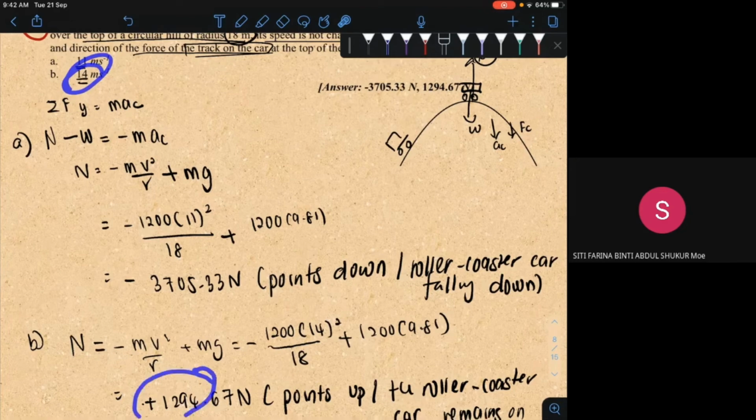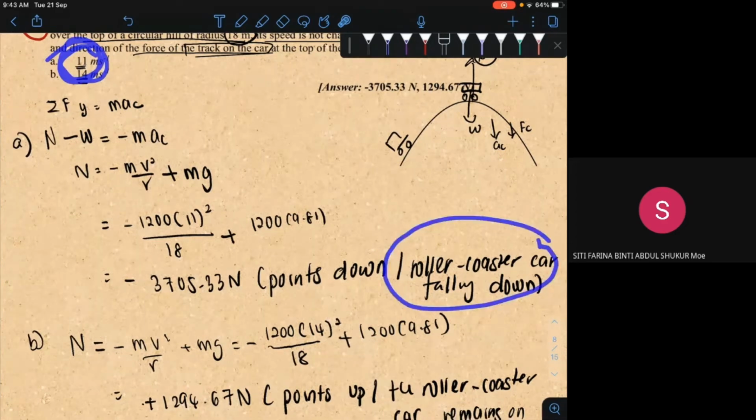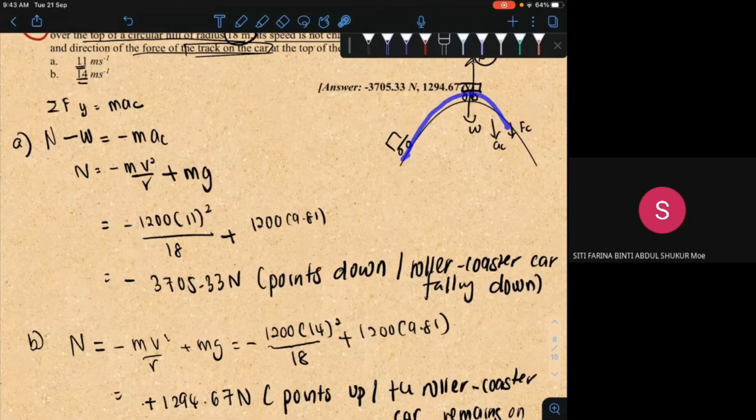But when you use 11 meter per second, you get a negative answer, maksudnya this is not valid lah kan? Sebab velocity ini tidak mencukupi. So basically the car will fall down the track. Dia tak boleh make that successful turn.